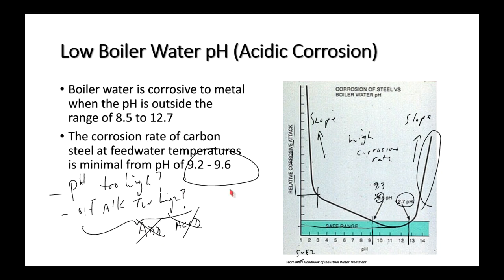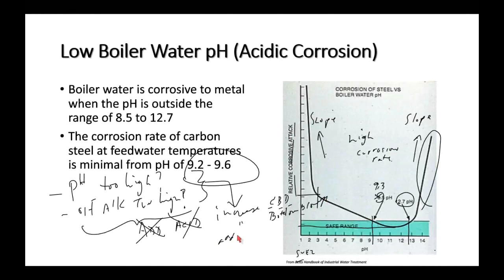If our pH is too high or our alkalinity is too high, there are a couple of things we can do. Increase our CBD, that's continuous blowdown. We can increase our bottom blowoff. We can do both of those.